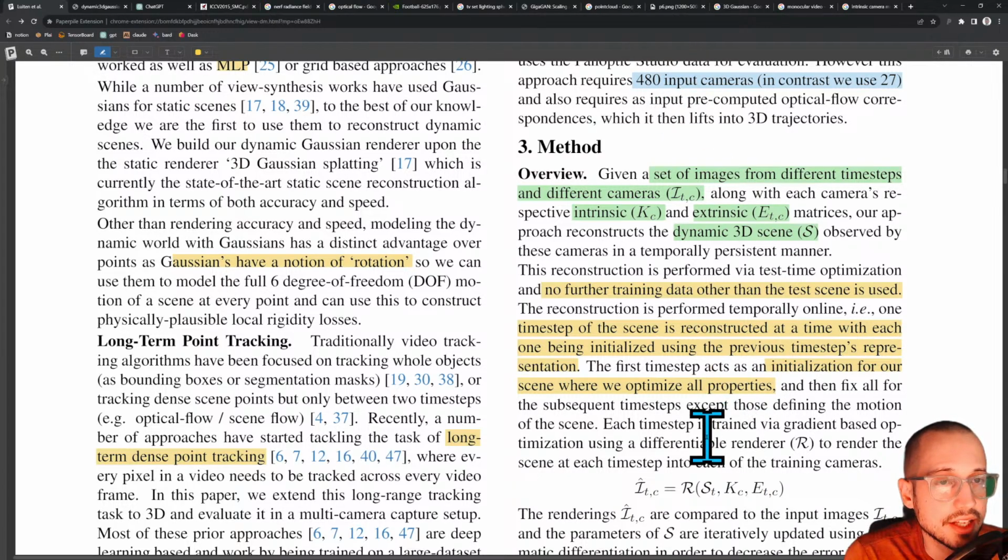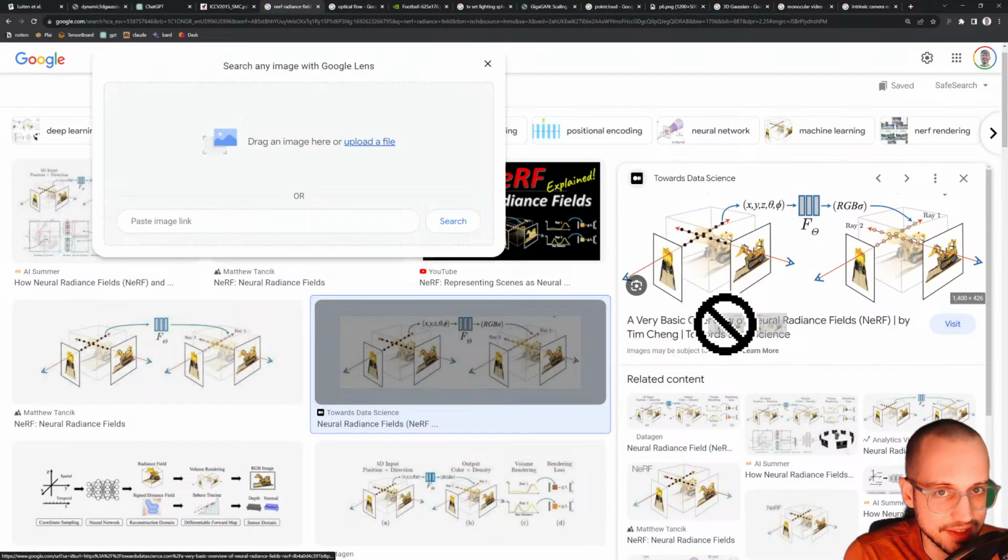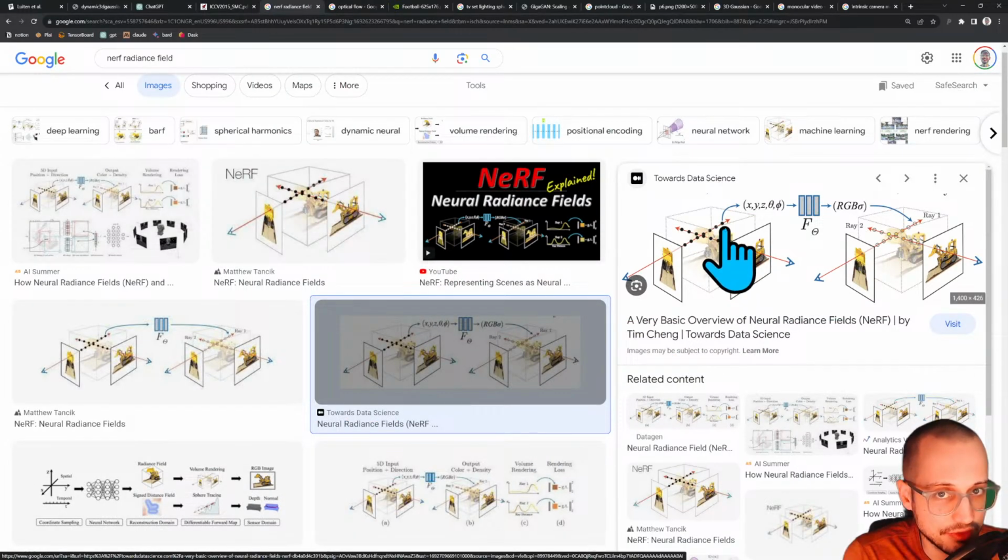Because they don't have a neural net, they have 850 frames per second. Yeah, that's why it renders so quickly, is because you don't have that neural net. The reason NeRFs are so slow is that you have to perform inference on a neural net for every single one of these little black dots, right? And every single pixel in your image might have 10 of these little ray samples, right?